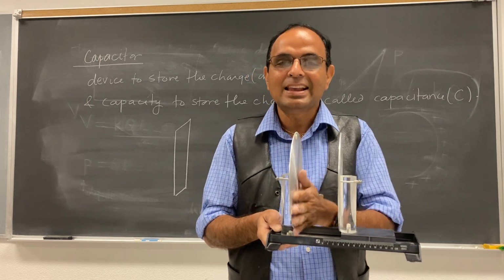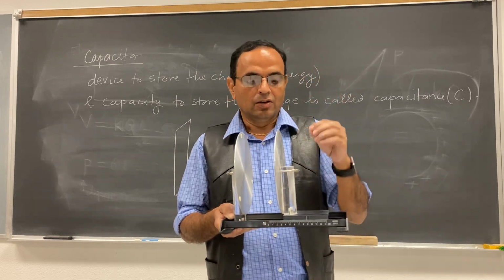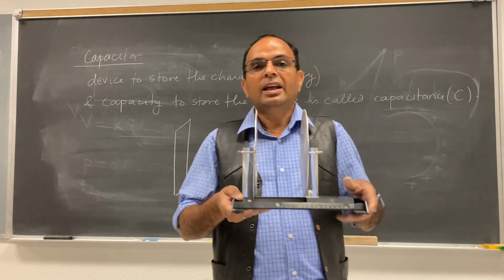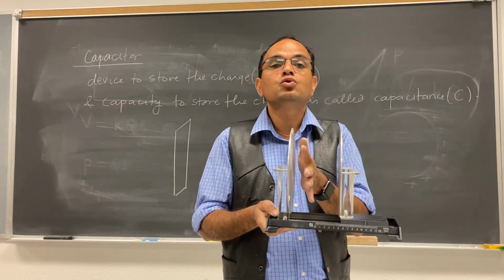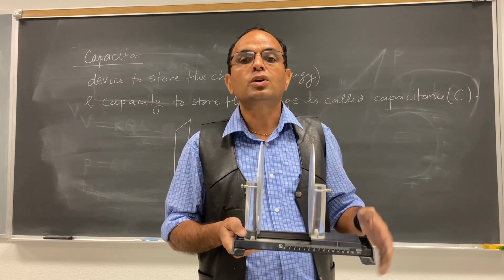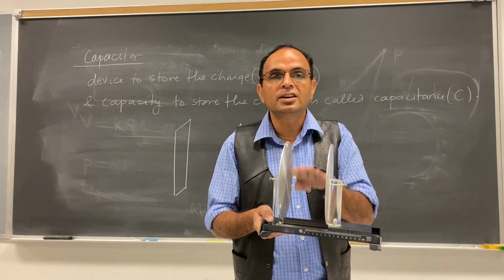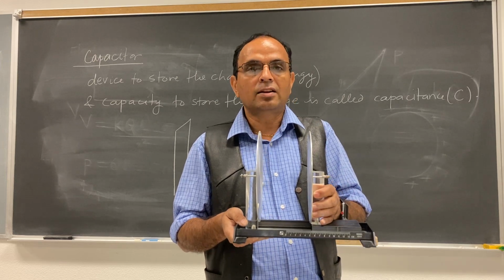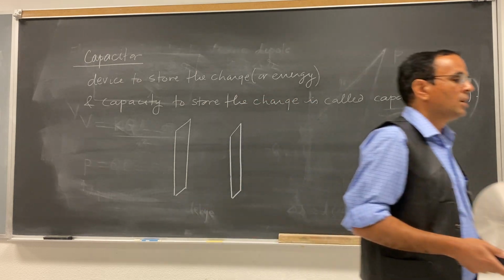I cannot change the area, otherwise I would have to break this capacitor, but I can change the distance. If you want, you can keep an insulator here, like paper or plastic. We call that a dielectric. Right now there is just air, or we can consider it a vacuum. We can use this capacitor to store the charge.